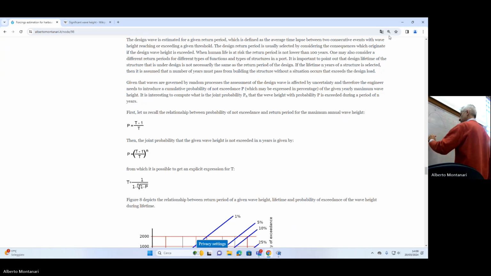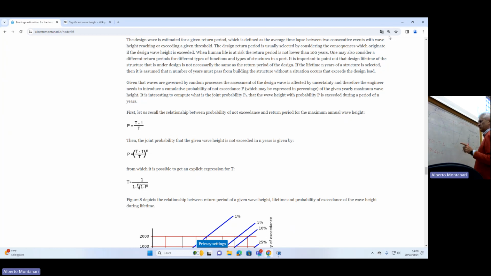So this relationship can be written in this way: T p equal T minus 1, and then basically you can write T, which multiplies probability minus 1 is equal to 1. And therefore, we can derive the return period.